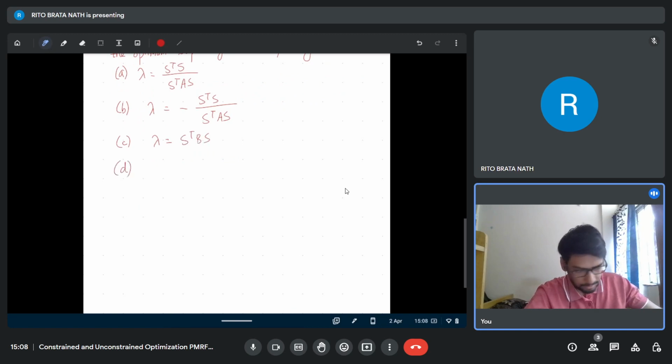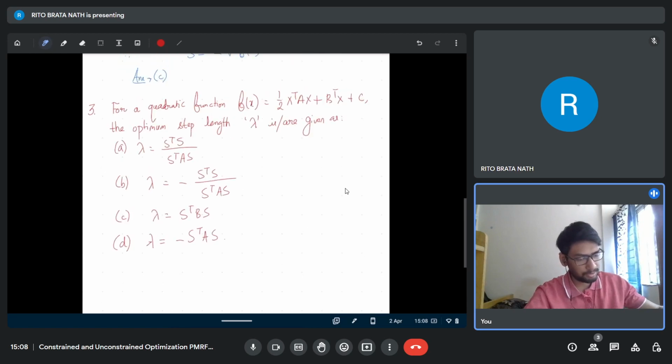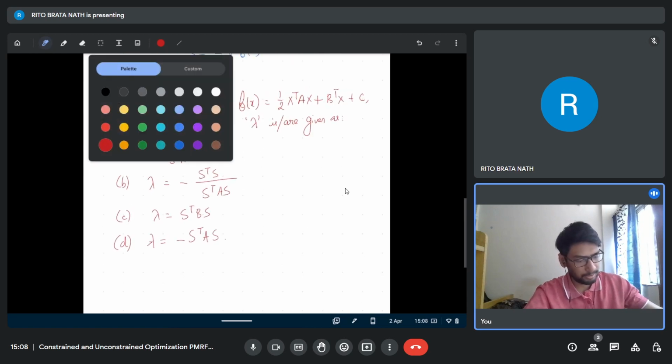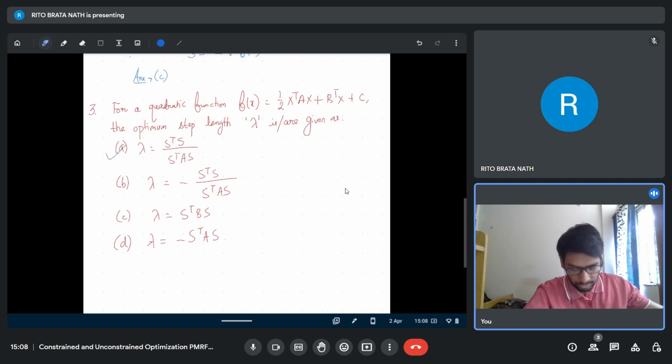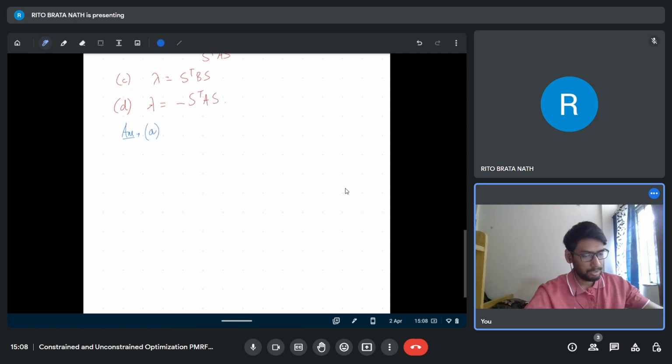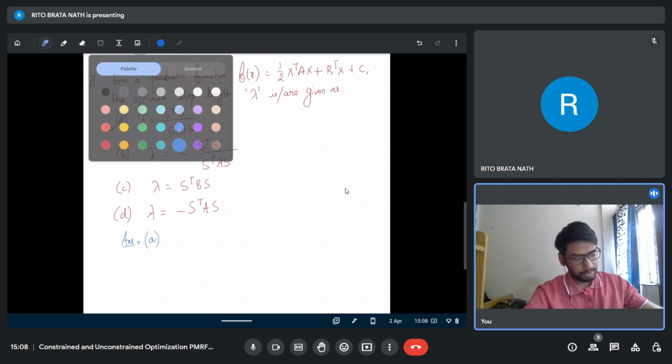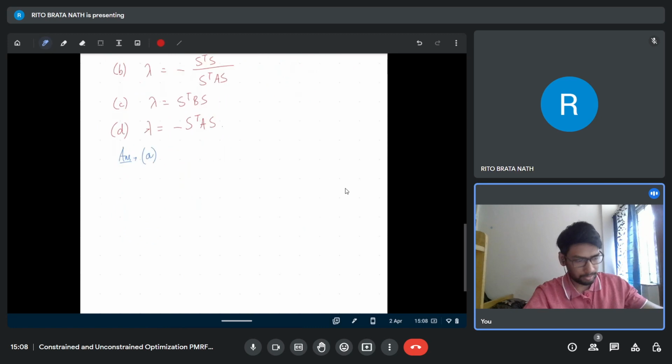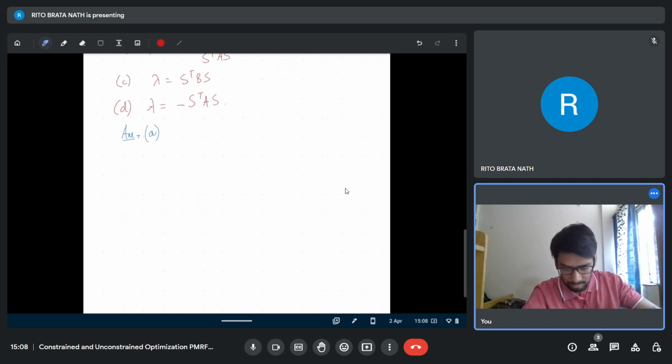And option D is lambda equals minus S transpose AS. So option A will be the correct answer here. We have these theoretical, proof-based problems that have already been solved in the class. Okay, let me go to the next one. That's also a very easy, theoretical question.